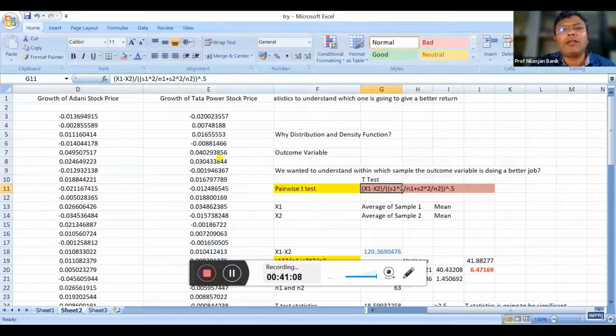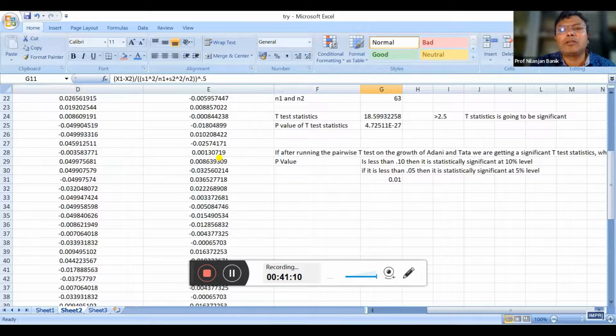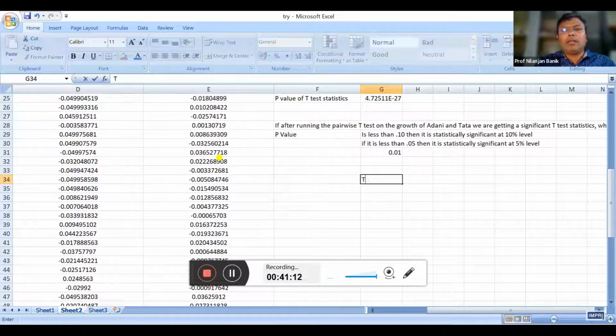And here you will find that the t-test, let me also give you the final answer, is not going to be statistically significant, which means what?